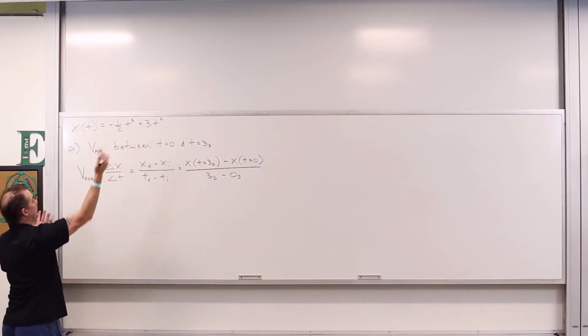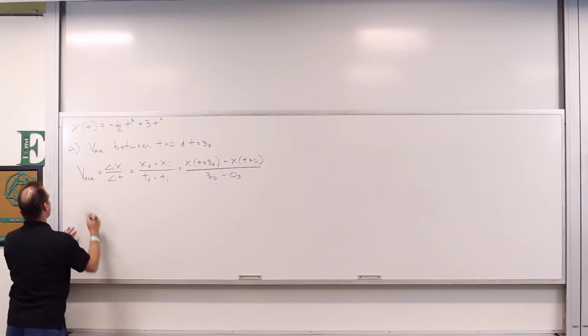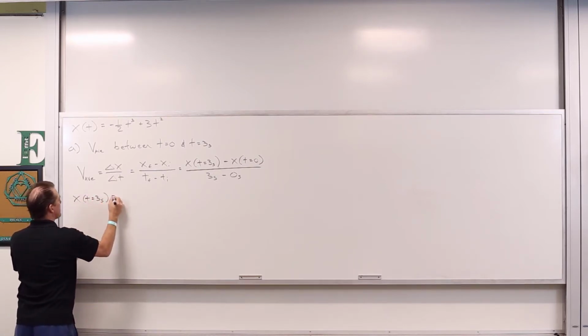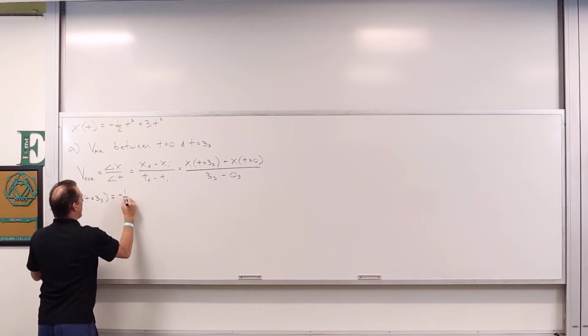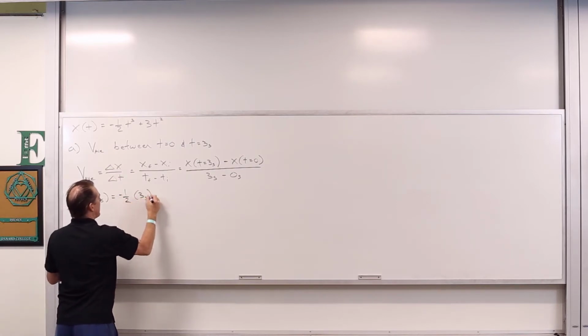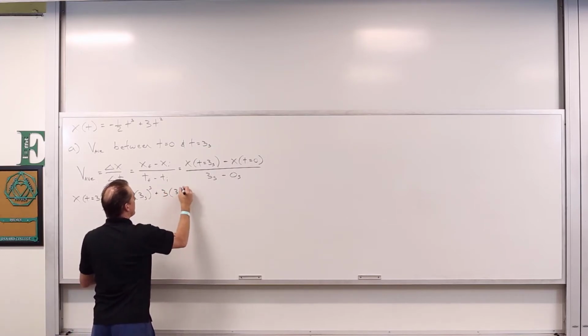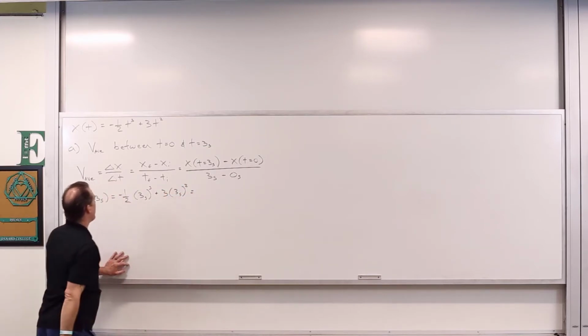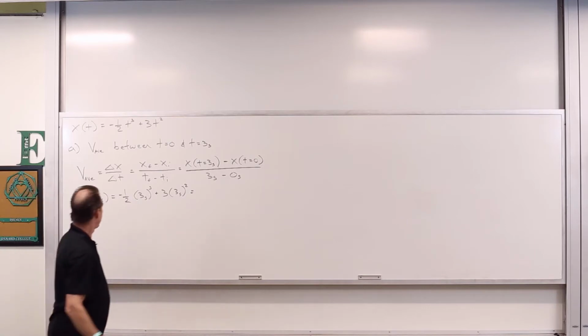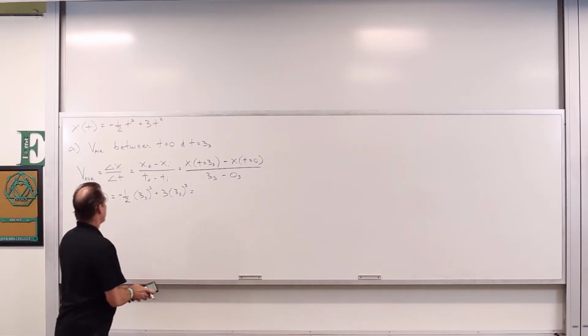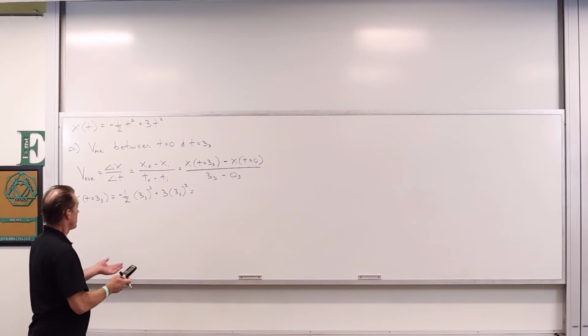Then we need x of t equals 3 and x of t equals 0. So x at 3 seconds is equal to negative 1/2 times 3 seconds quantity cubed plus 3 times 3 seconds quantity squared. And what do we get? 27 halves and 27.